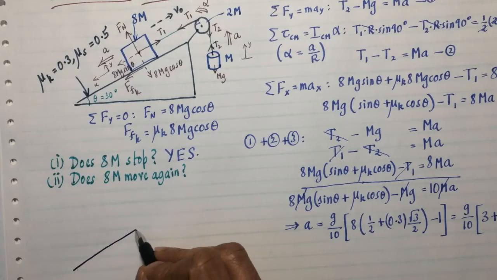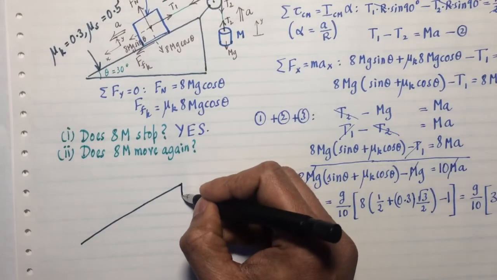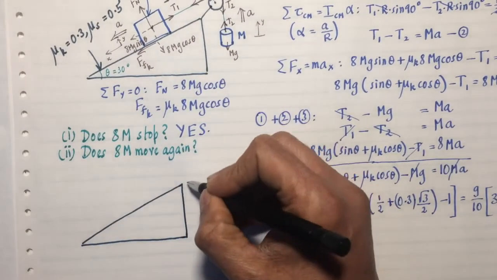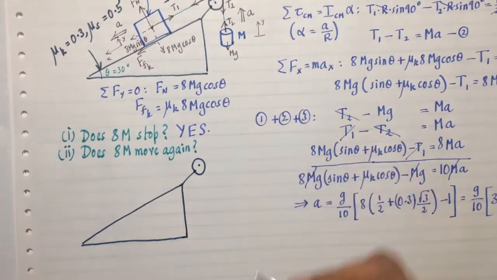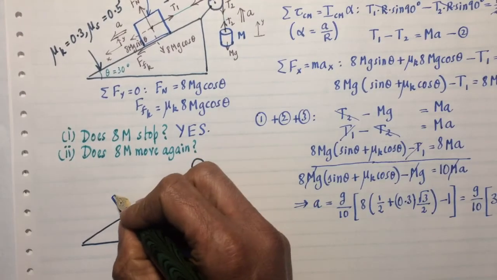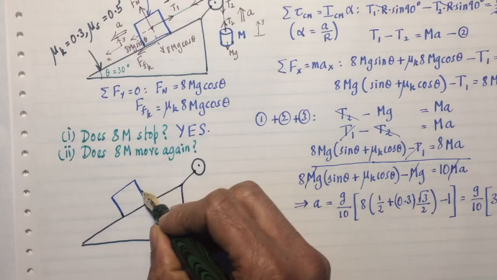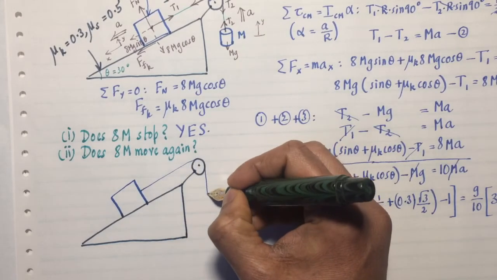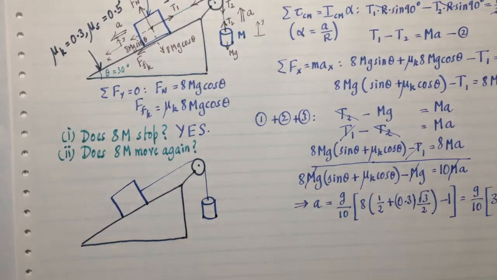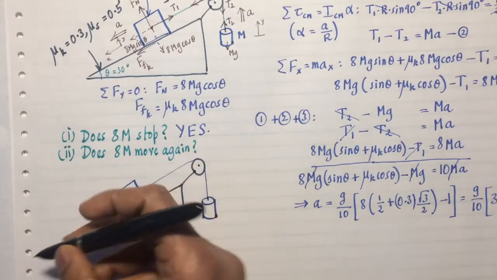Let's draw a separate free body diagram to analyze this part. So I'll draw the system again. Because it stopped, the nature of the free body diagram itself completely changes. Now remember, this is jonesing to go down.